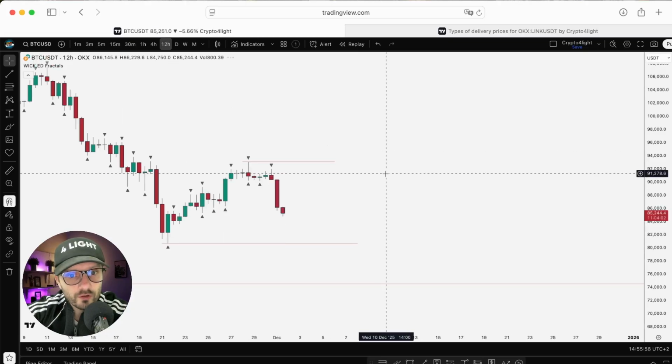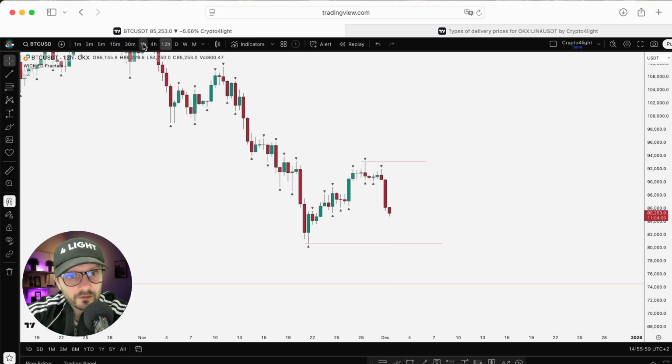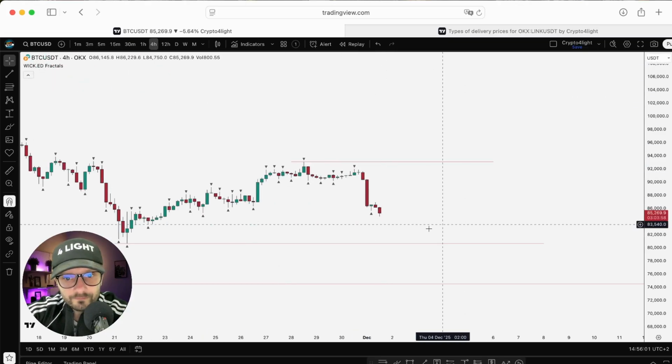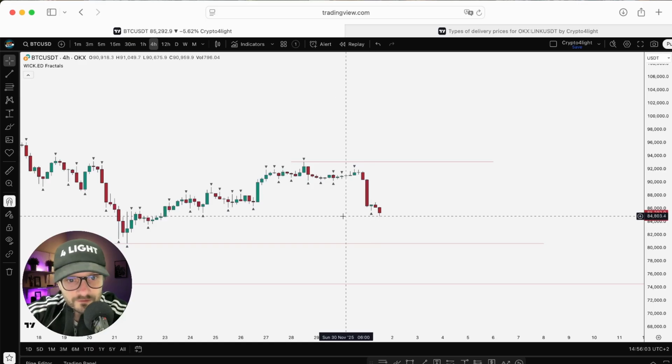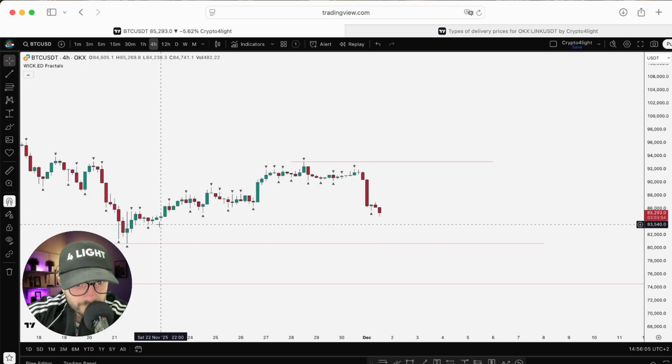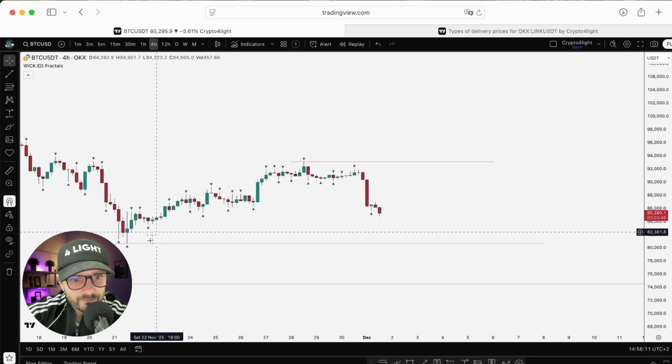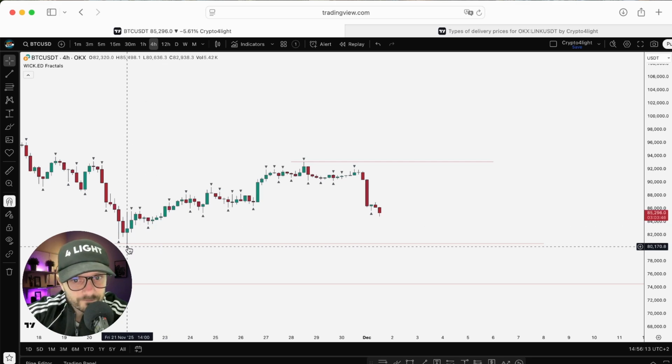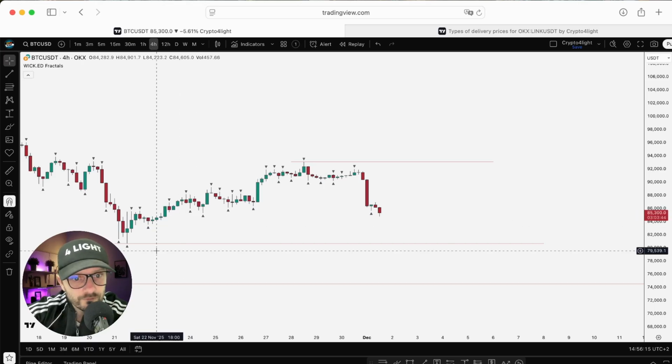If we go to the 12 hour time frame, we get a smaller one. If we move to the 4 hour time frame, here we sweep it. So the next one is here, like a magnet, 83,470, 487, and this one. So we get the 4 hour time frame, 2K points, this and this.